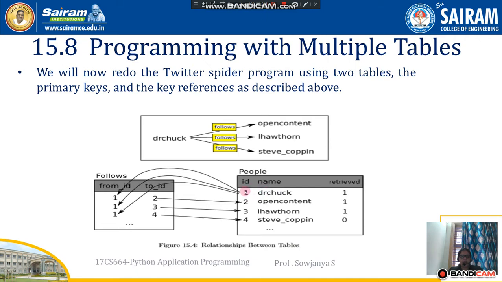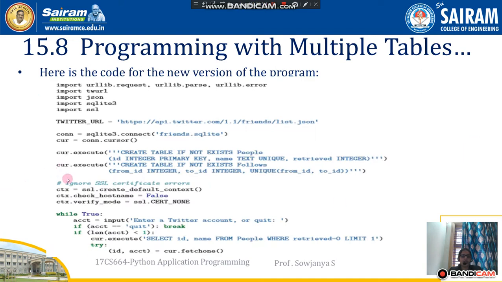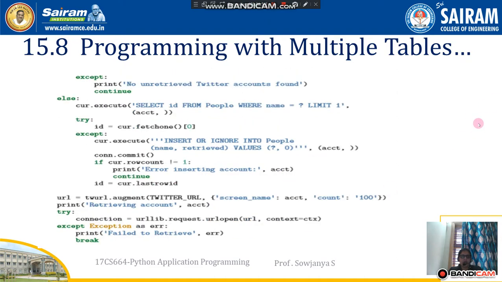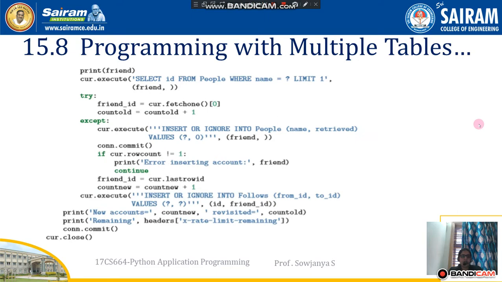Dr. Chuck will have the id 1, and this from id 1 relates to it, and id 2 will be related to the second to id, the third to the third, and the fourth to the fourth. That is how the relationship between the tables happens. These can be the values of those particular elements. So this is the program you have to write for relating the tables and getting the values for those particular tables.